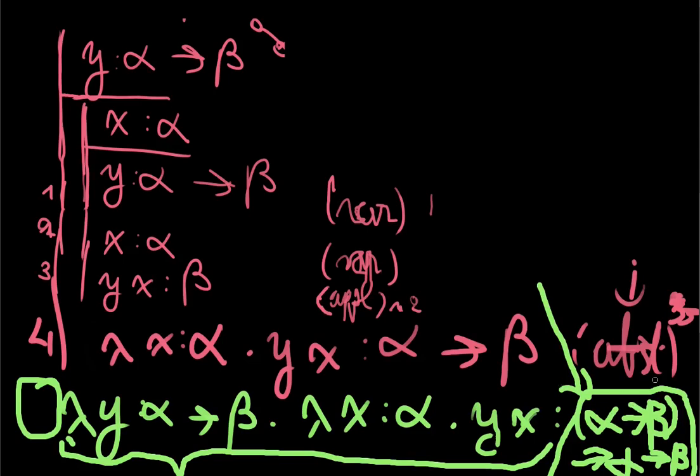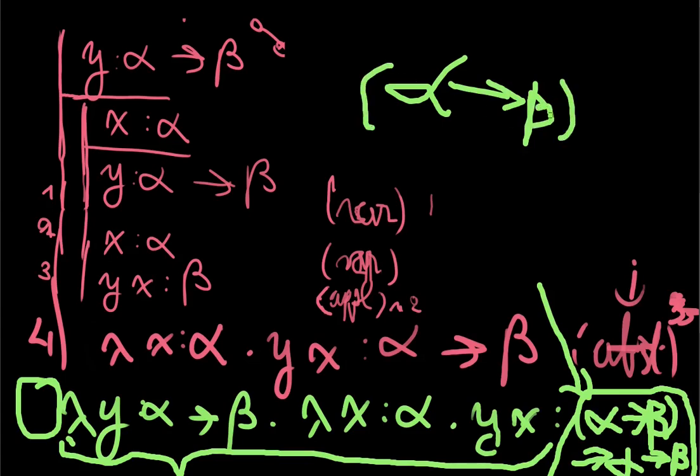So this was this thing here, alpha, beta, alpha, beta. This was the original problem statement, right? And we've managed to construct a judgment where the context is empty. And we have a term that inhabits this type.